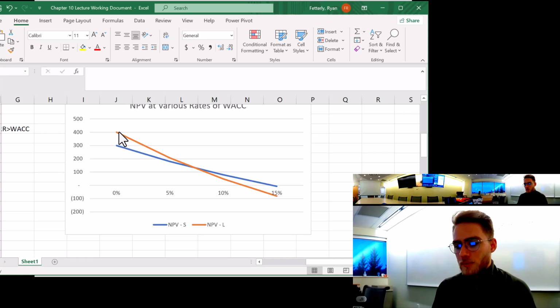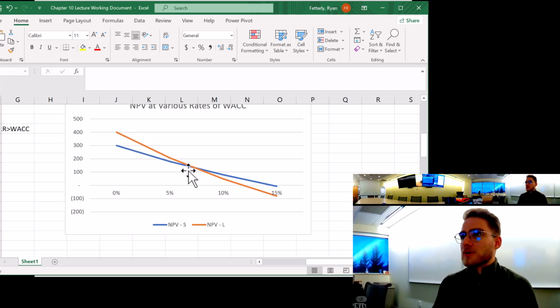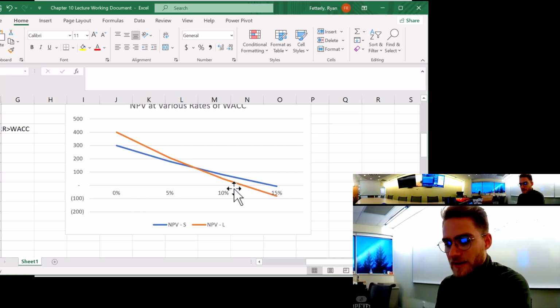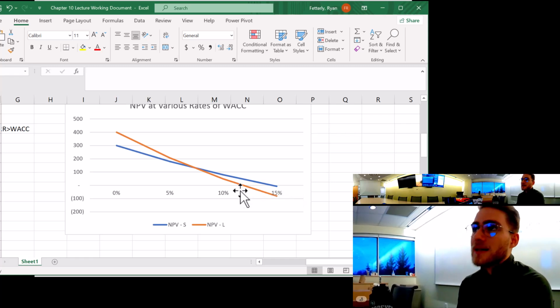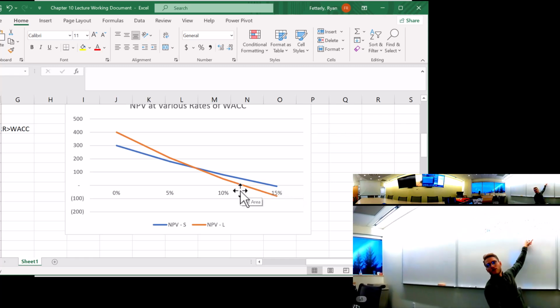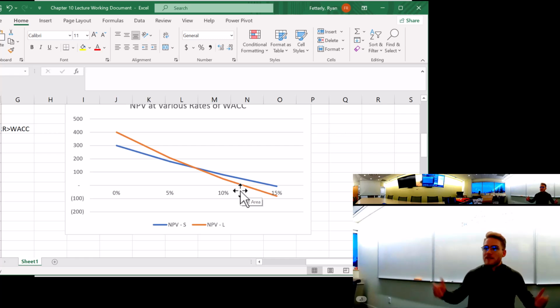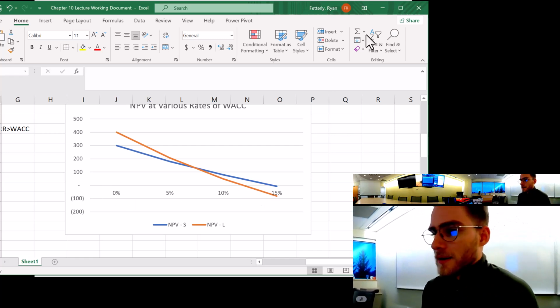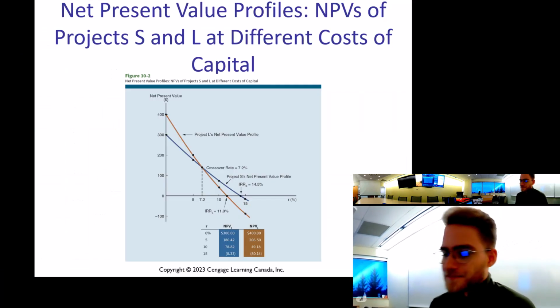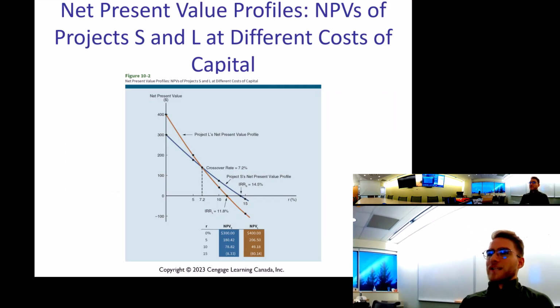Same thing with project L. When project L comes all the way down and then it finally crosses the x-axis, right, and the project's worth 0, that crossing point, that percentage, is the 11.8% internal rate of return. When my NPV is equal to 0, that is my compound rate of return, okay? Okay, so I'm throwing a whole bunch of numbers at you.